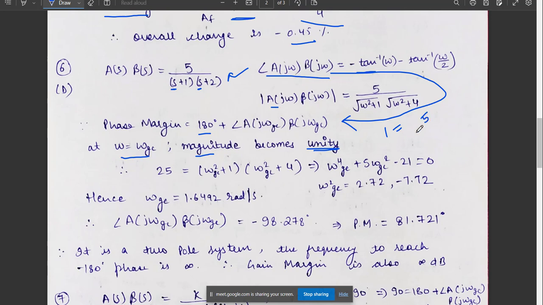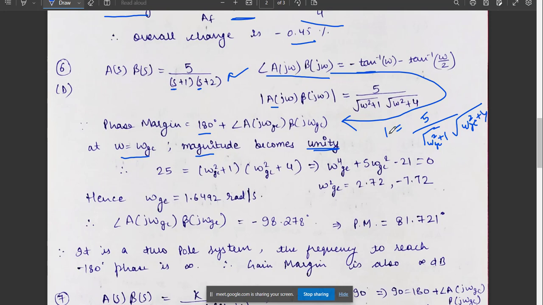5 divided by omega gc square plus 1, into under root of omega gc square plus 4.